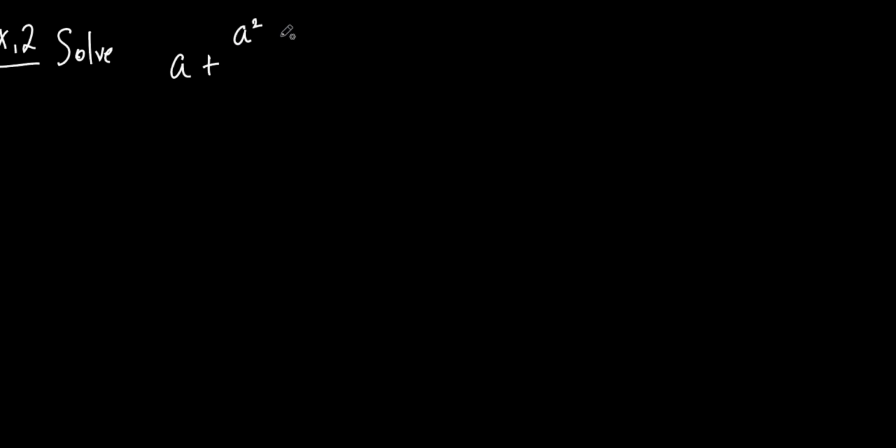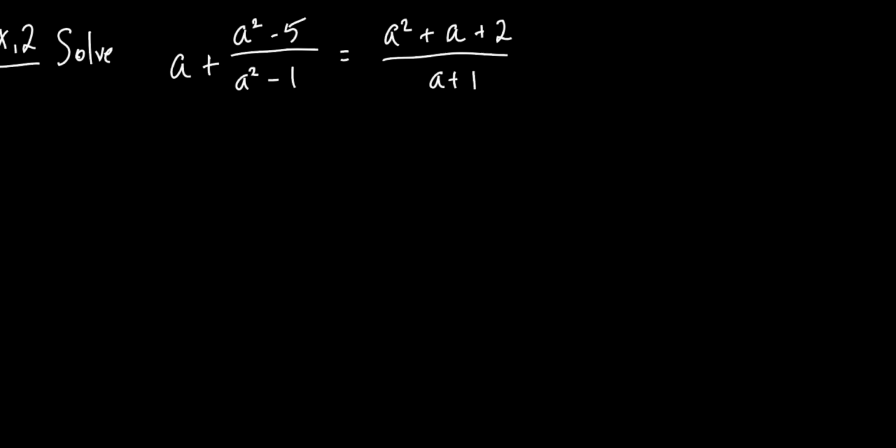So this is a squared minus 5 over a squared minus 1 equals a squared plus a plus 2 over a plus 1. All right. Now, you should have a decent idea of at least where to start. Do you?